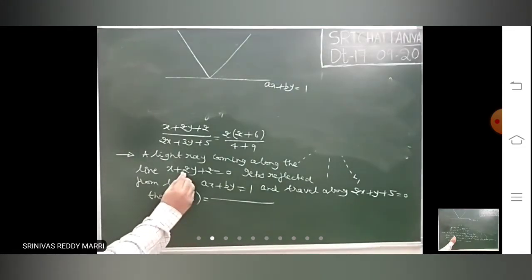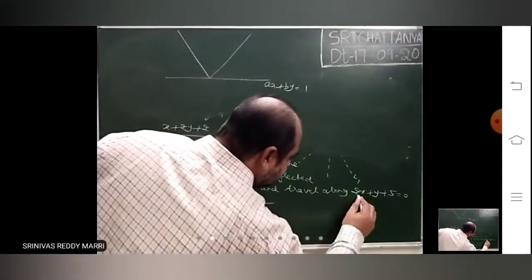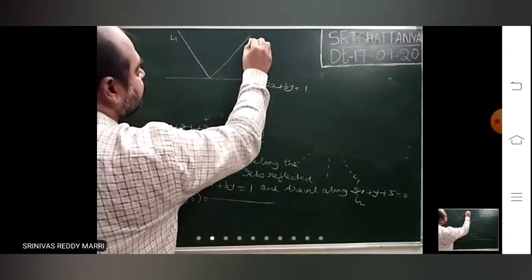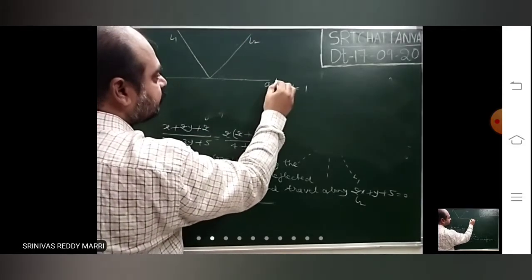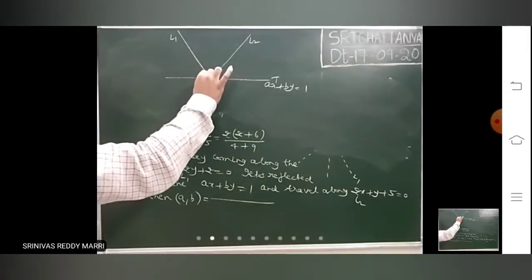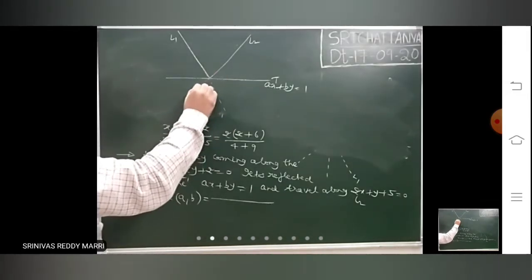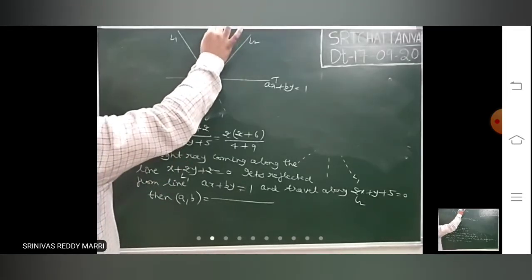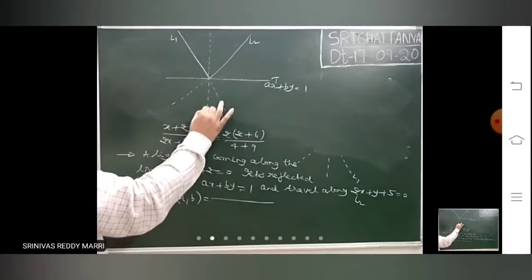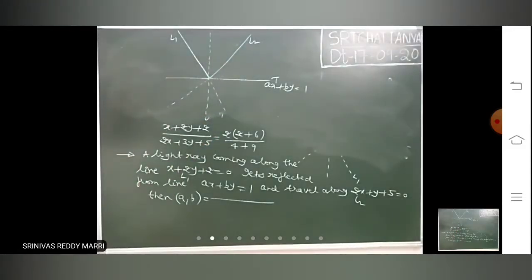So let us say this is L1, this is L2. L1 is given to you, L2 is given to you, and the tangent is given to you. That means if we extend this, this will be the normal line.